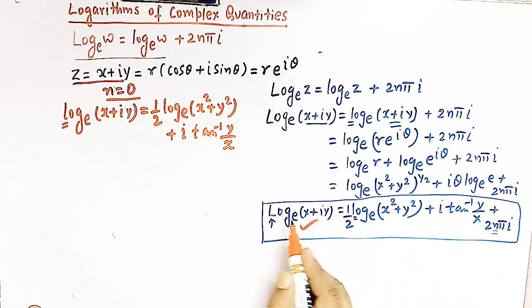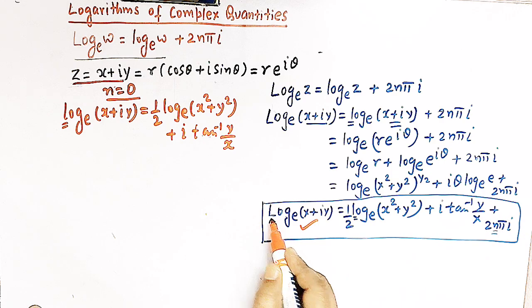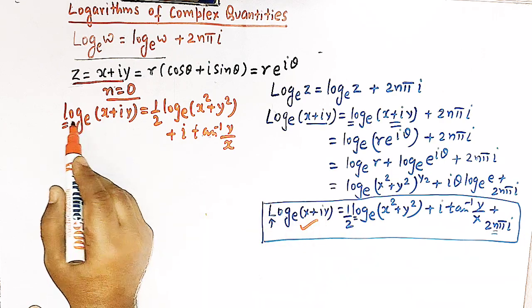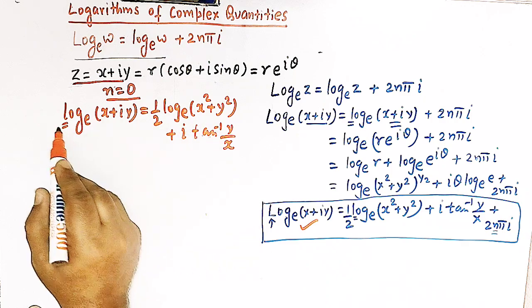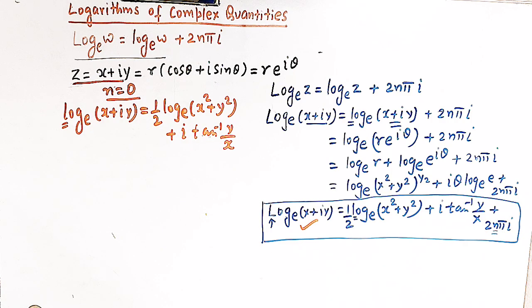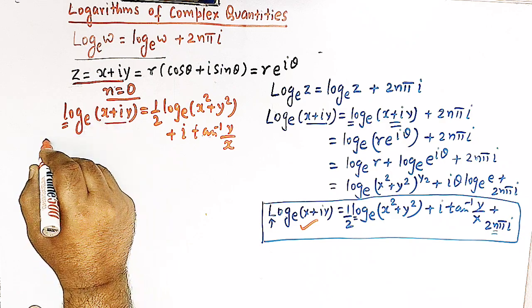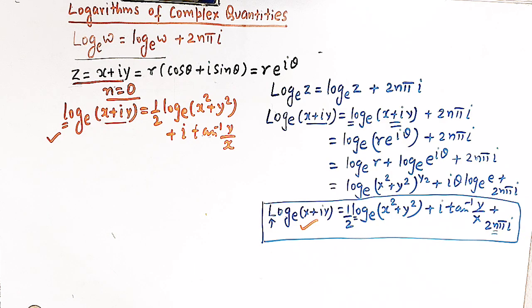So this expression gives us the general value of the logarithm of x plus iota y, and here this expression gives us the principal value of the logarithm of this complex number x plus iota y.